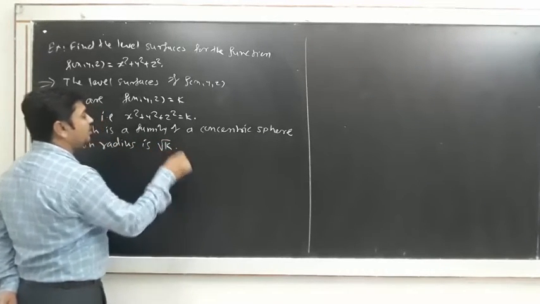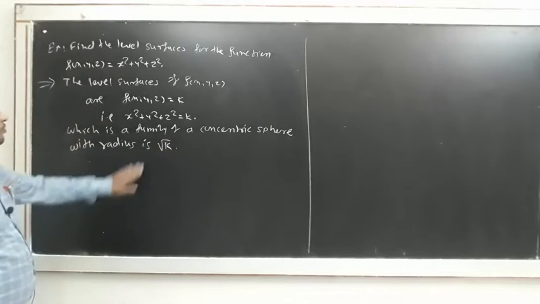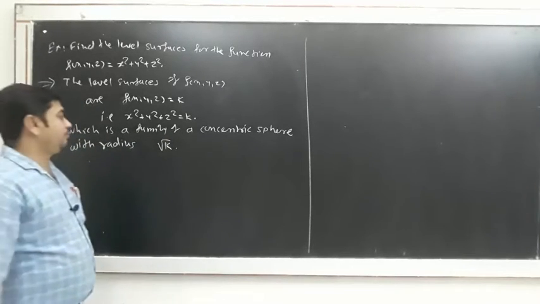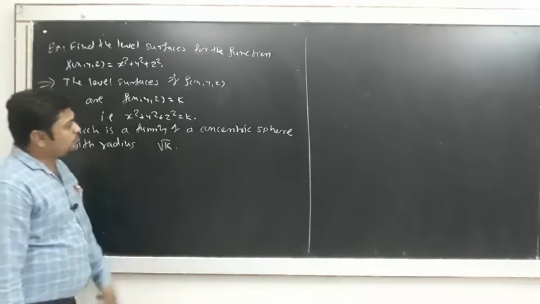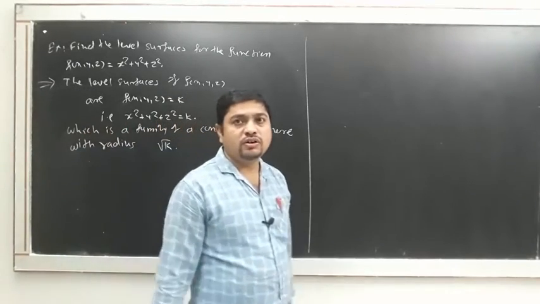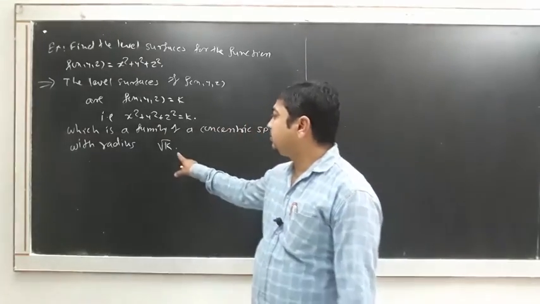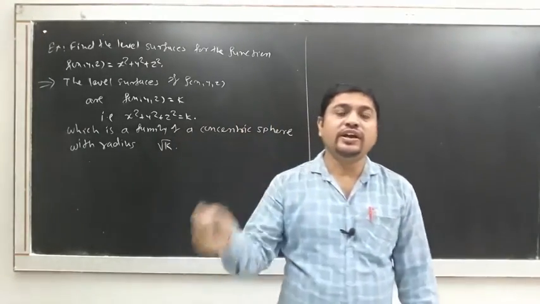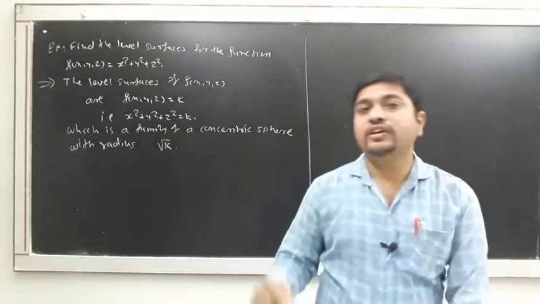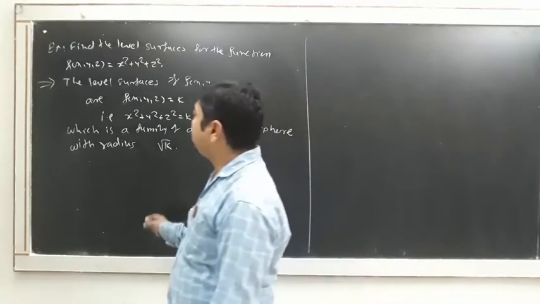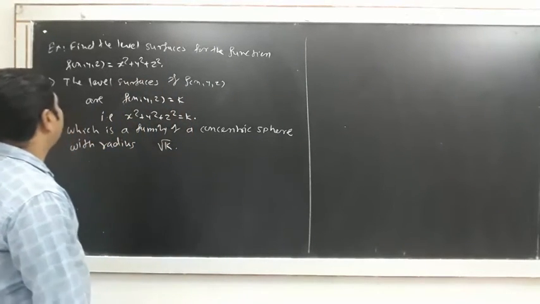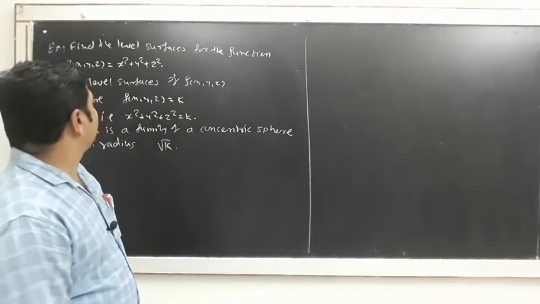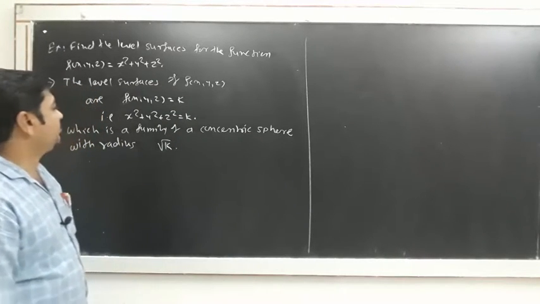So if you take any level surface, and you take a point (x, y, z) and move on the same surface, then the function has the same value. So this is the level surface of x² + y² + z².